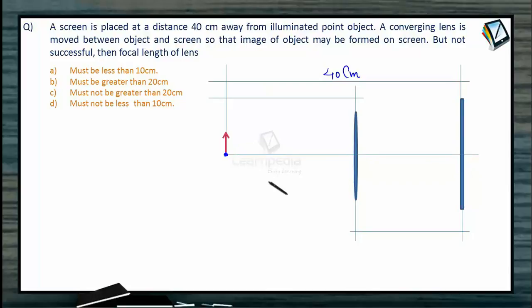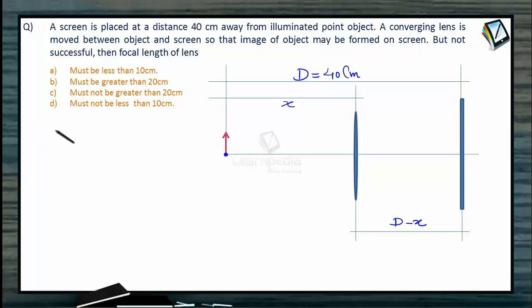Let us investigate that. Suppose D is the separation between the object and the screen, and let X be the distance of this lens from the object. So the remaining D minus X will be the distance of the screen from the lens, and it will serve the purpose of the image distance.